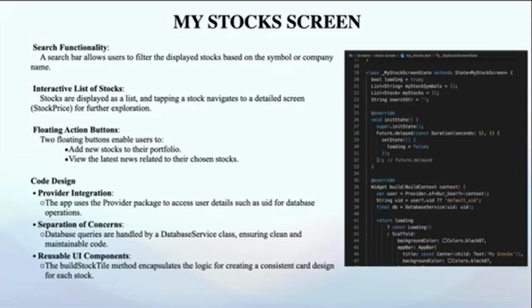Talking about the code design, the app uses the provider package to access user details like the UID, which is used for database operations. For separation of concerns, all database queries are handled by a database service class, which helps keep the code clean and maintainable. And the build stock tile method encapsulates the logic for creating a consistent card design for each stock.